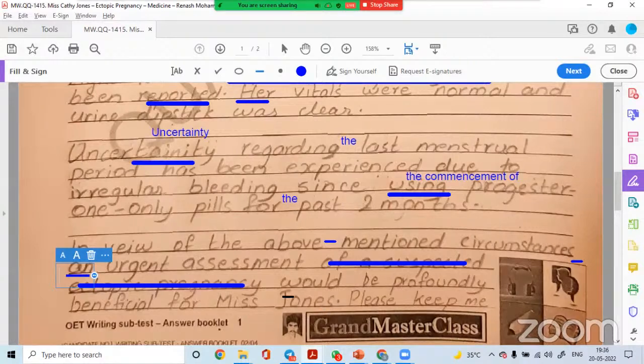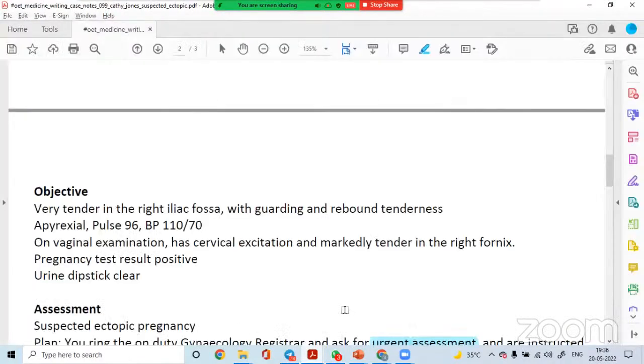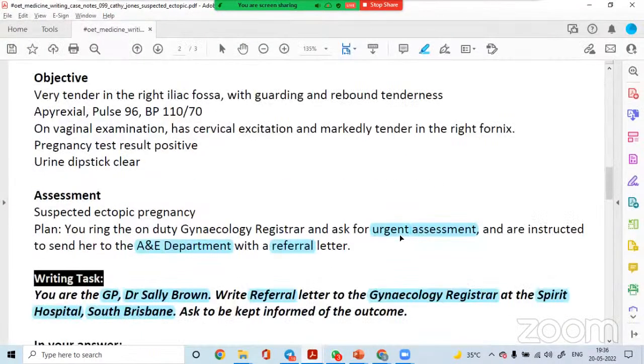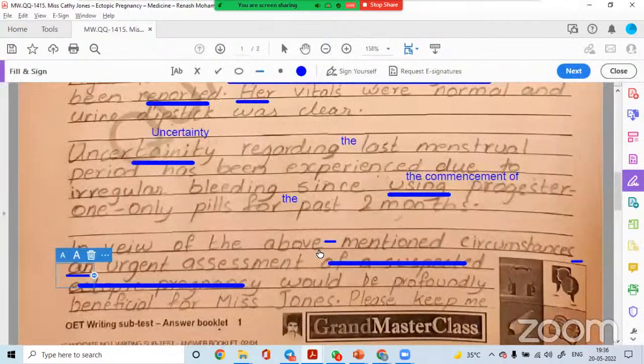Again, you are writing the same thing in the case notes, in the introduction, and in the conclusion. See, urgent assessment. Why are you taking the same words which are already there? In view of the above mentioned circumstances, comma, urgent assessment. So change it. A definitive diagnosis and appropriate follow-up action plan would be profoundly beneficial for Miss Jones.